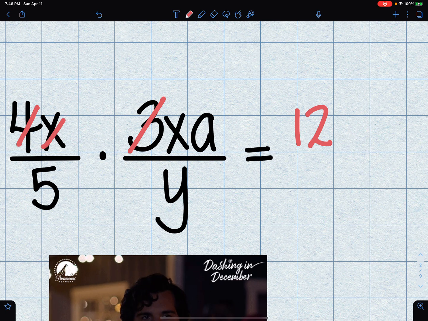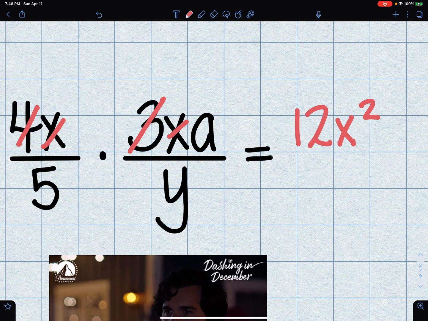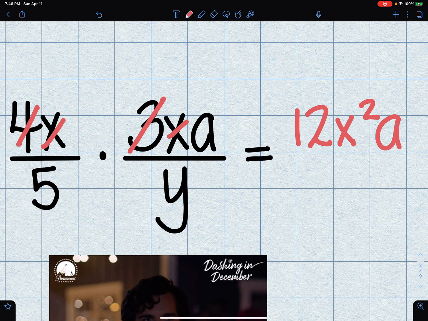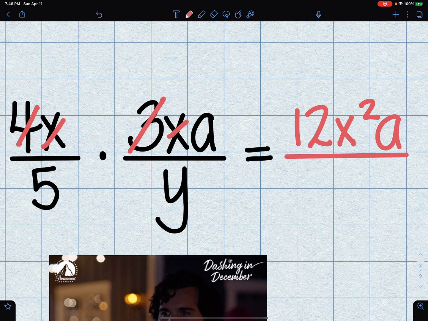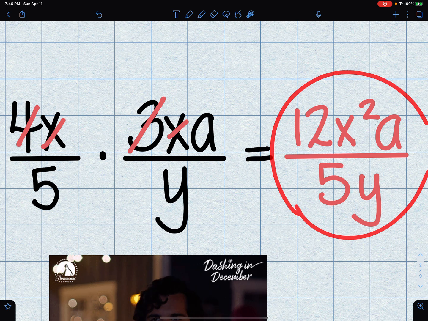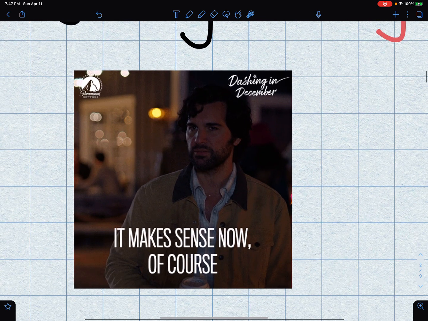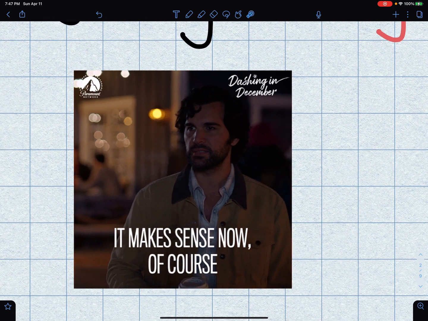The x times the x gives you x squared. And then there's just one a, so you put the a right there. Now, when you multiply the denominators, you get 5 times y, which is just 5y. And so this is it. That's all there is to it. That is the answer to that problem. So, see, you already know how to do it. Makes sense, right?